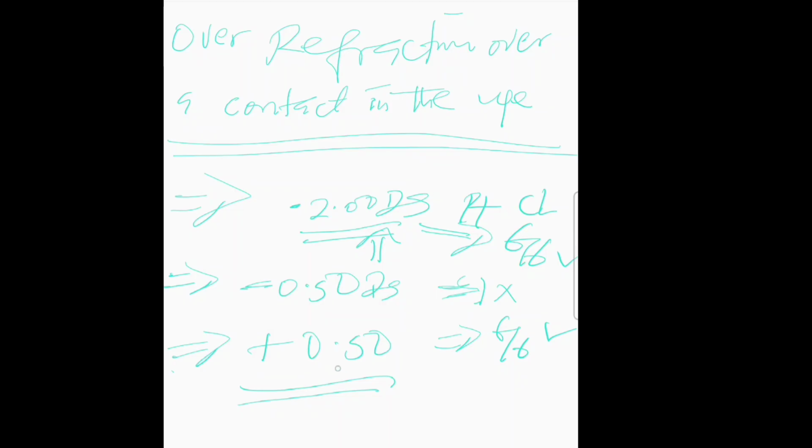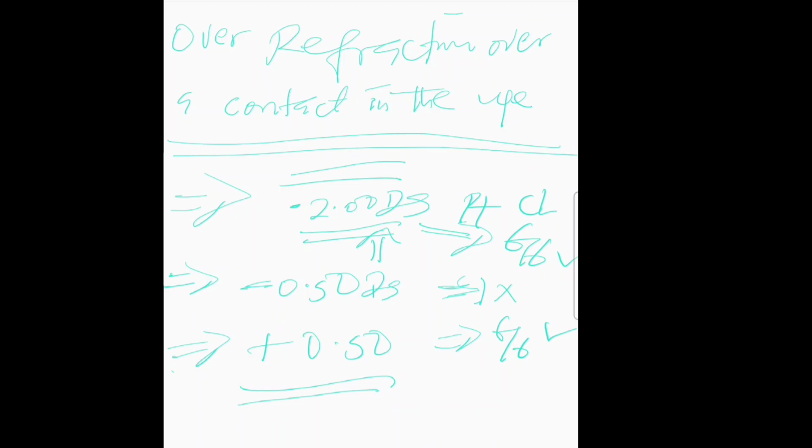When you remove the 0.50 and the only power on the eye is the minus 2.00 DS contact lens, the vision is not that clear, not that distinct. You've checked all the parameters, everything you need to check. The contact lens is well fit, it's not tight, it's not loose, but when you add this plus 0.50 over the trial frame, the patient sees better.